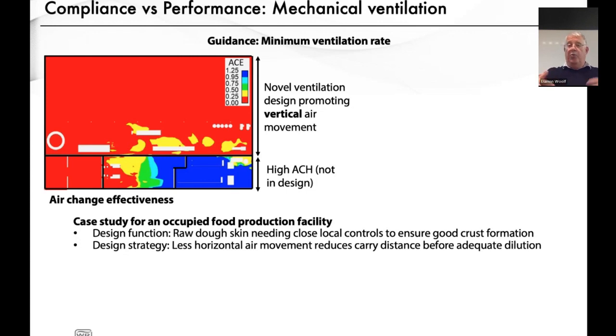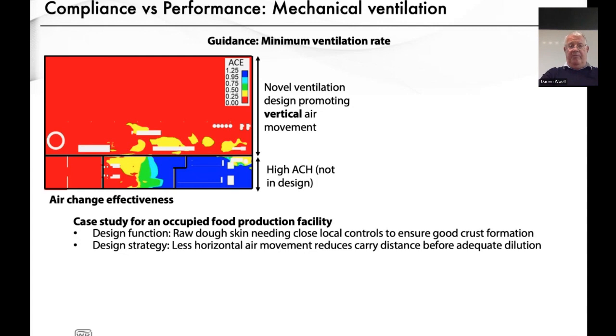That's the same with the workers there and the spray from them talking onto their neighbours. And when we look at the air change efficiency in the lower half, these were separate systems. High air change rates showed a high air change efficiency, and low in the space that we were designing with the high vertical air movement component.